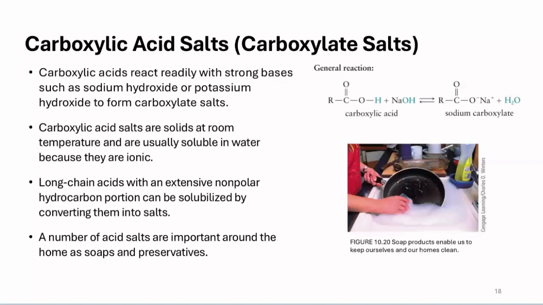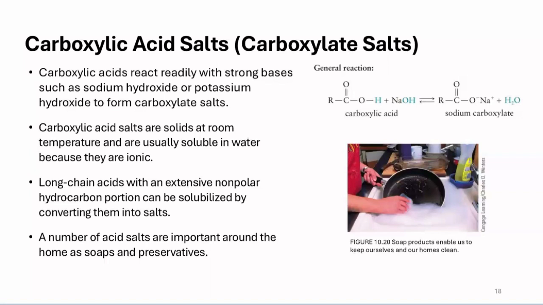So one way to handle long chain carboxylic acids that are nonpolar, when you want to solubilize them, is to convert them into ionic salts by reacting them with strong bases like sodium hydroxide or potassium hydroxide.